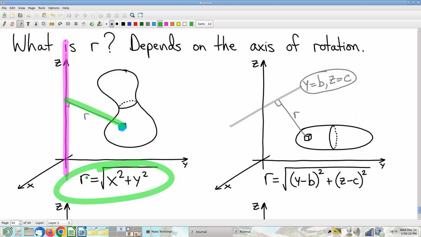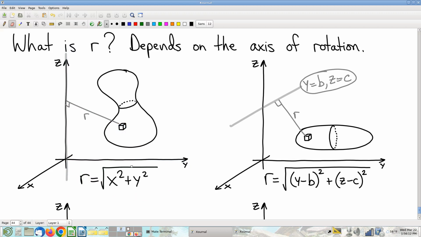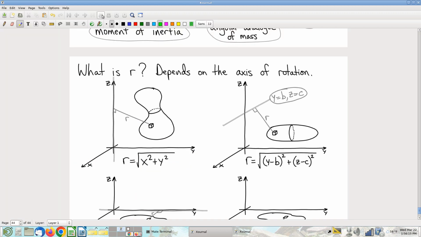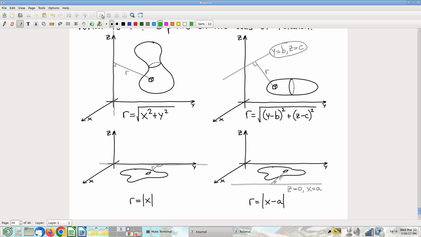But very often, usually, in any other case other than that one line, namely the z-axis, if you're rotating around any other line, it's just not true. R, for example, in this scenario, distance to that line right there, well, that's not the cylindrical coordinate R. This isn't the cylindrical coordinate R. This isn't the cylindrical coordinate R.